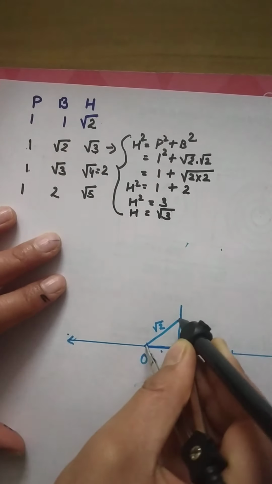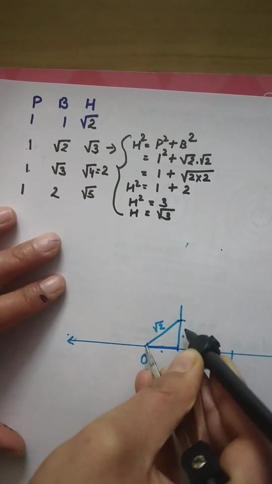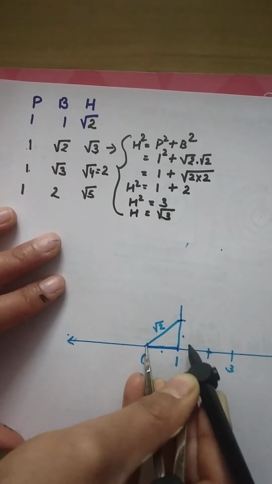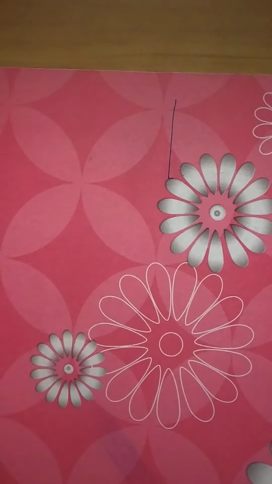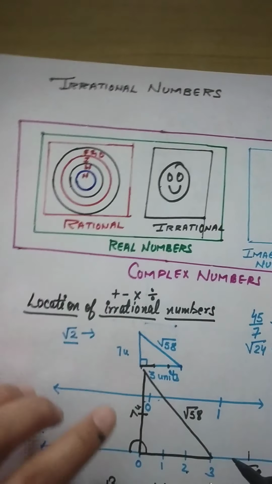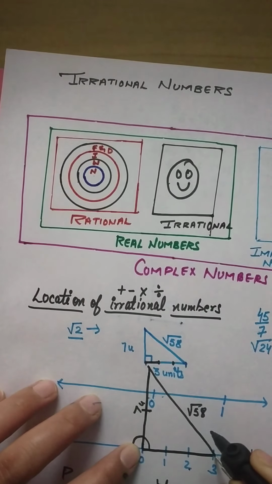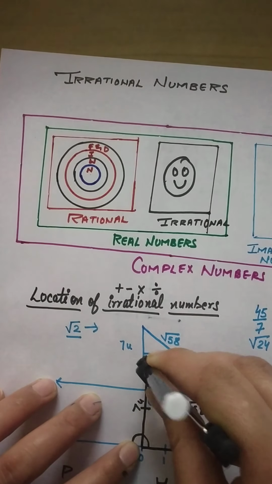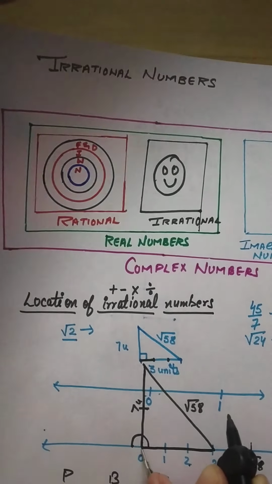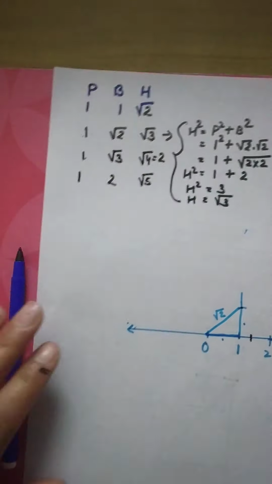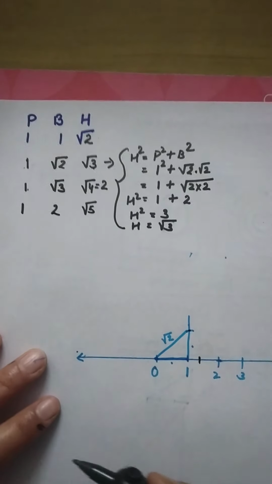You simply have to select this and then label it here. Unlike the previous one, where you made the 90 degree there, then you have to fix the needle of the compass on the 0 and pick it up at that time. So this is your root 2.